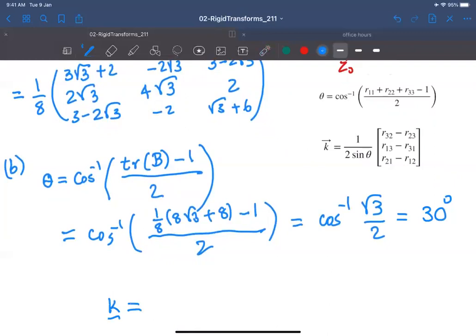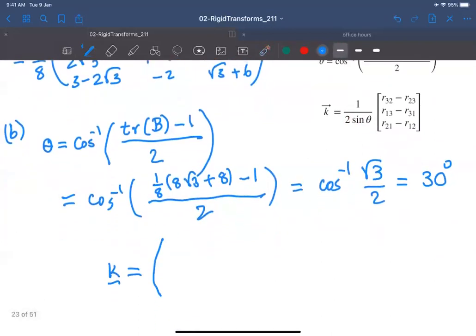Sine theta is 1/2. So basically 2 times 1/2, 2 times 1/2 is 1. So we have 1 over 1. So this is 1. So this whole thing becomes a 1 here. So we only have the vector here.